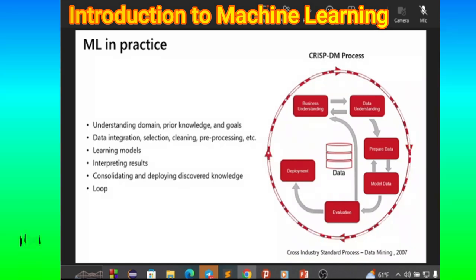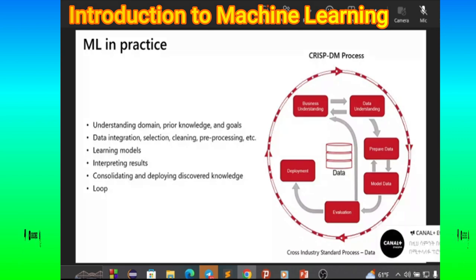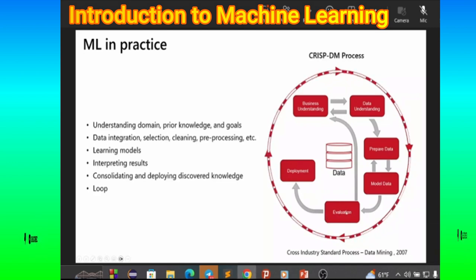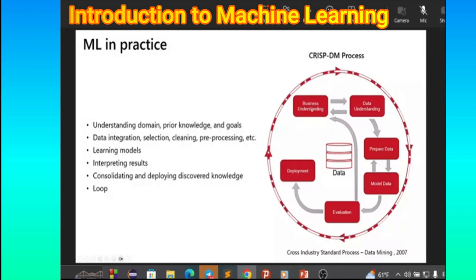Then you choose one or more algorithms, and using the data, you train a model or multiple versions of a model, and you evaluate. So this is an iterative process. During your evaluation, your model may not do what you wanted it to do, or you may have difficulty answering the business problem that you identified during your business understanding.